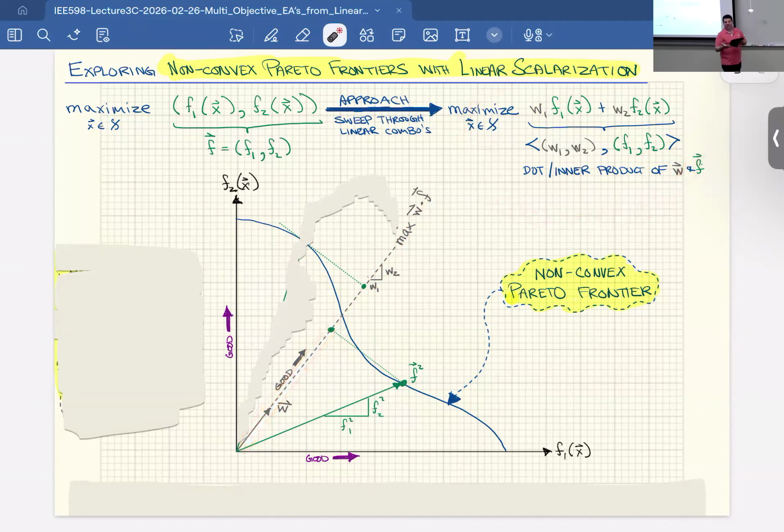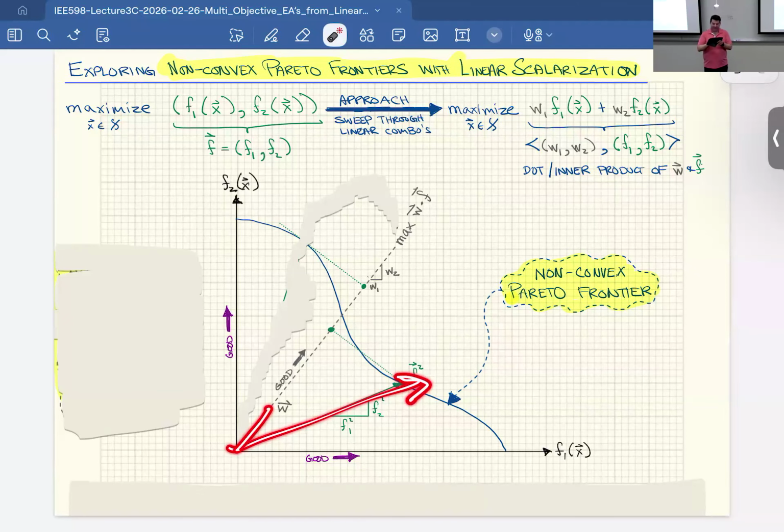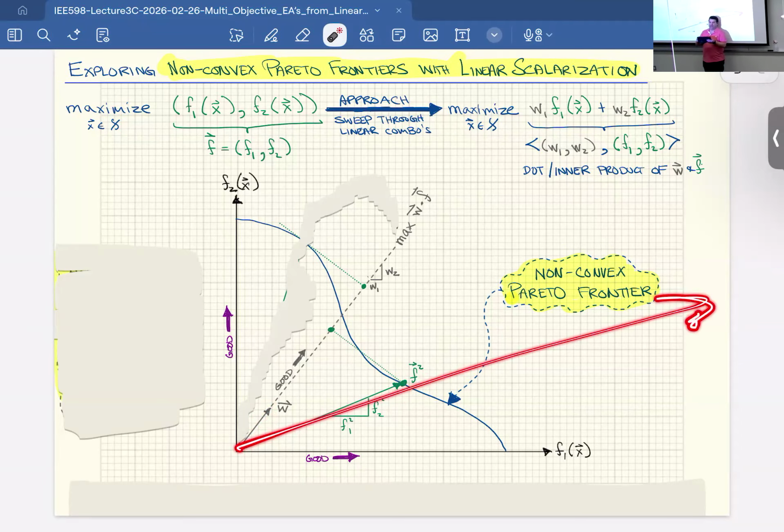That's what maximizing a dot product is doing. I'm saying I've got this vector and I've got this vector, and you can view it as calculating an angle between these two, but that's not quite right here because the length of this thing matters as well.